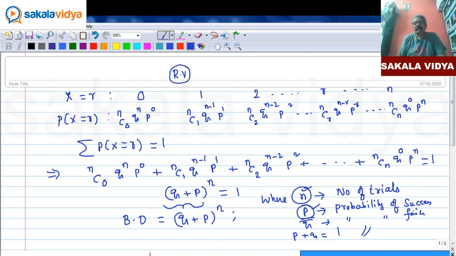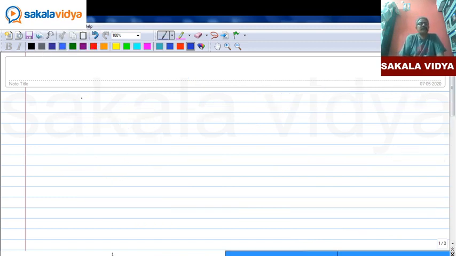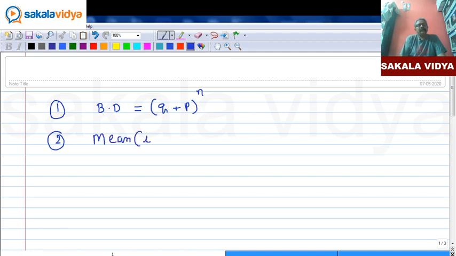Next, one more important thing we need to discuss, that is the important points. First one is BD equals to q plus p whole to the power of n. Do not write p plus q. Second point, mean mu is equal to np.